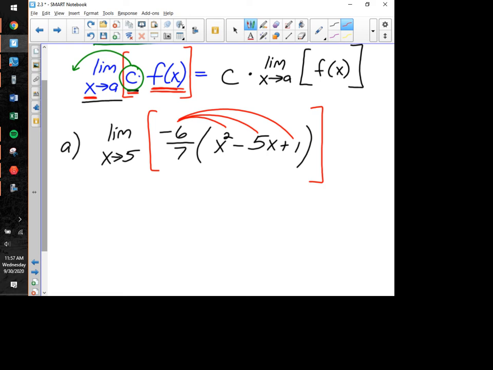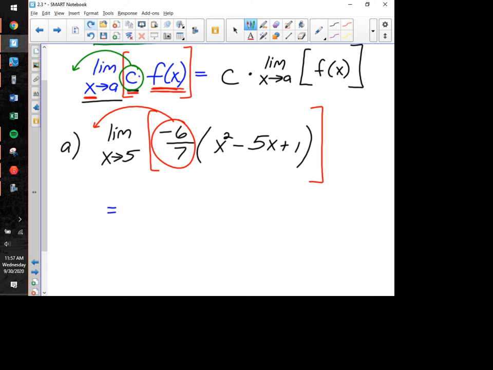Well, I made this one difficult and ugly on purpose just to kind of discourage you from doing that. The constant multiple rule says that rather than put the -6/7 back in there, we can go exactly the opposite route, and we can take this constant, because it has no x's in it, and pull it all the way out in front and make it a coefficient of that limit.